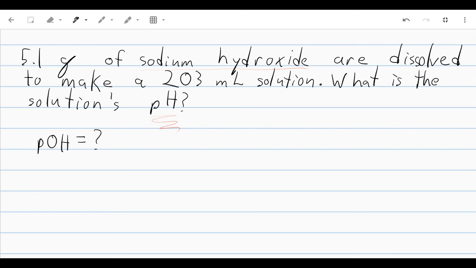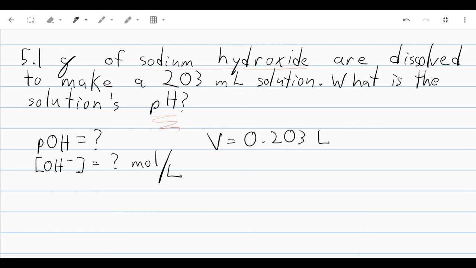In order to get pOH, we need to know what the concentration of the hydroxide ions is in moles per liter. We are told we have a volume of 0.203 liters. We have a molar mass of 40 grams per mole, which we can calculate from our periodic table.